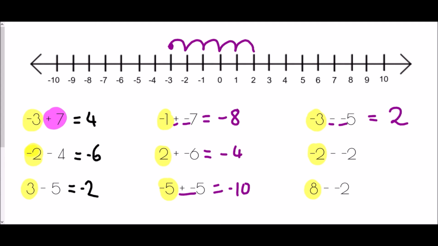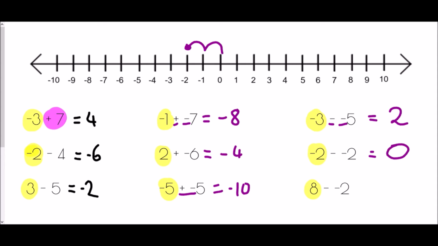If we go to -2 take away -2, we'd be beginning at -2. Subtraction would tell us to go to the left, but the negative is telling us to do the opposite, and so we're going to go to the right 2 spaces, and we actually end up at 0.